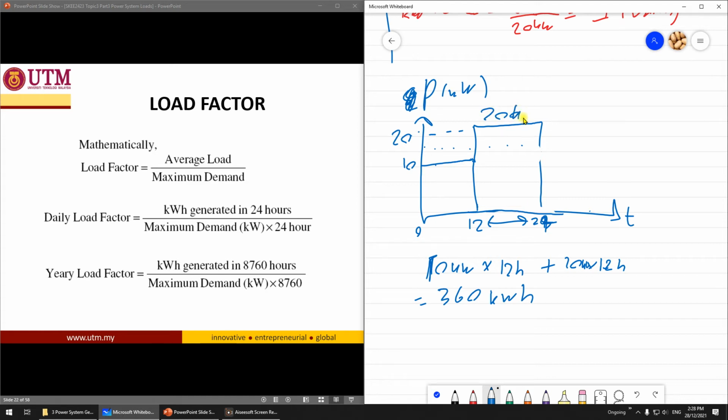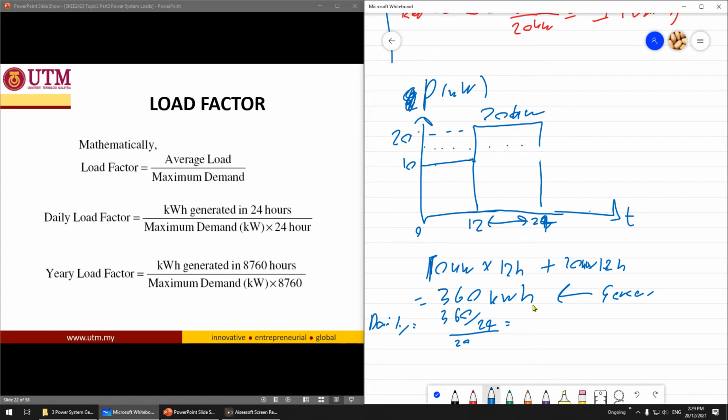According to this formula, daily, remember this is the total energy. If you want to use the average, you have to divide by 24. So the average is 360 kilowatt hour divided by 24, because you want to find the average, and then divided by the maximum demand of 20.